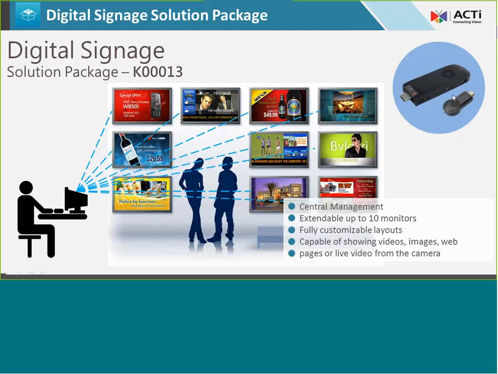So you have this hardware, and then you subscribe to the content management service in the cloud. You will get an account and password, and then you can log in on the cloud to decide what content is played on which media display. Okay.